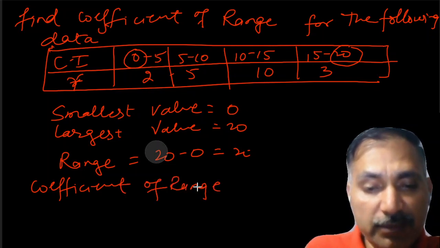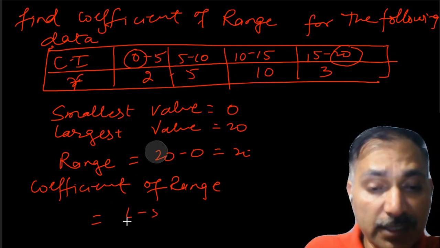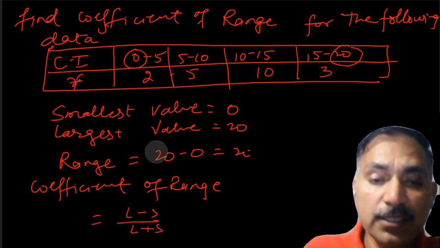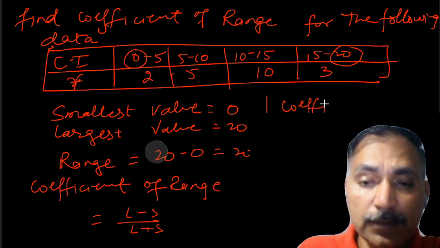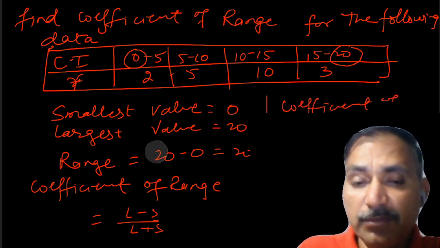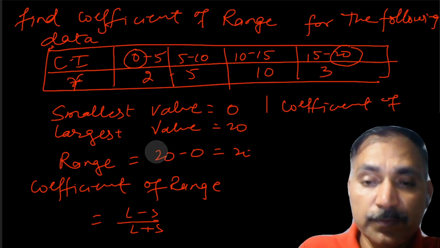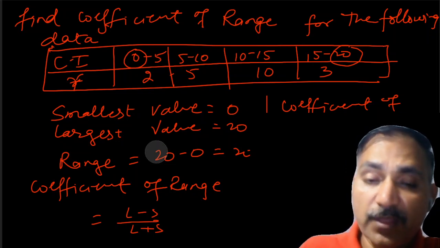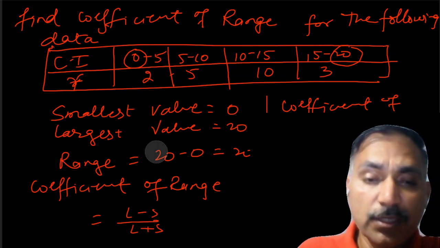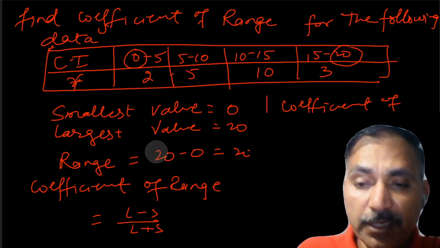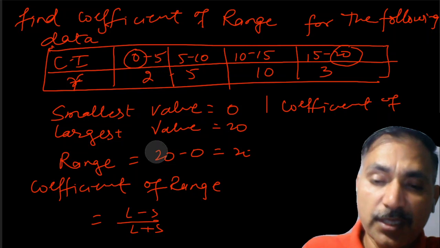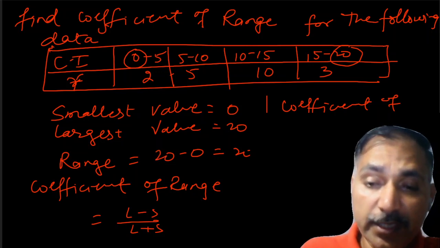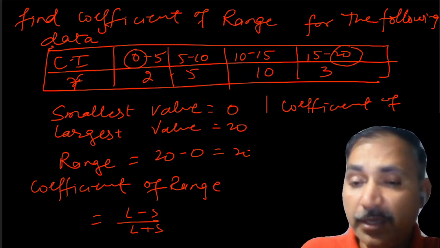Coefficient of range: the formula we will write first, that is L minus S divided by L plus S. Now here we will calculate the coefficient of range, that is equal to 20 minus 0 divided by 20 plus 0. It comes as 20 minus 0 is 20 and 20 plus 0 is again 20.